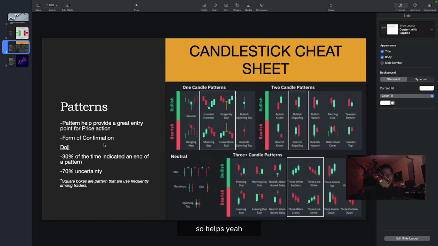It helps provide a great entry for where you want to enter, and it also gives you an indication of what to do next, essentially.